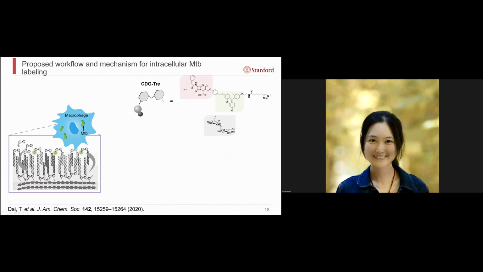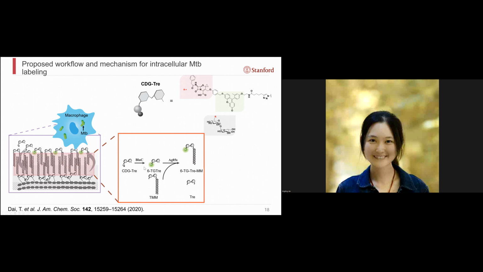And again, the probe we thought would work in this case is, first, not fluorescent, and when it is incorporated into the macrophages and targets the bacteria, it will first be hydrolyzed by the beta-lactamase to release the fluorescent sugar molecule, and then further processed by the enzyme Ag85 to attach the lipid chain, and then anchored into the outer membrane of the bacteria.